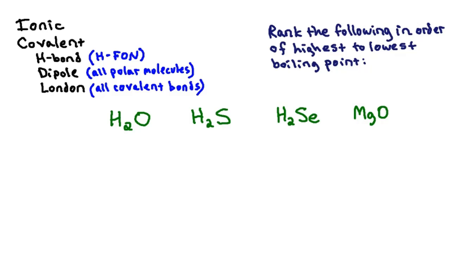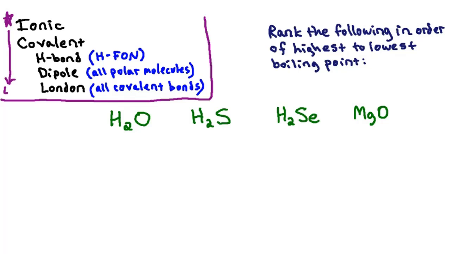So we have water, H2O, and then we have hydrogen sulfide, and then we have hydrogen selenide, and I don't know if that's the right pronunciation of that, and then we have magnesium oxide. And up here in the corner, as usual, I have the ranking system from highest boiling point, which would be the ionic bonds, to lowest boiling point.